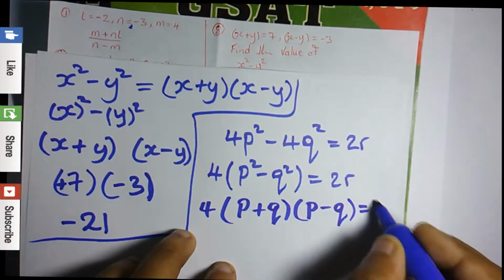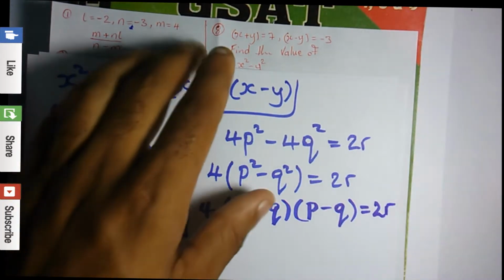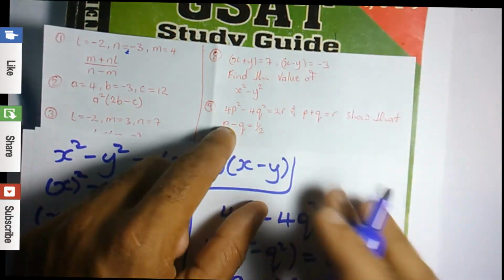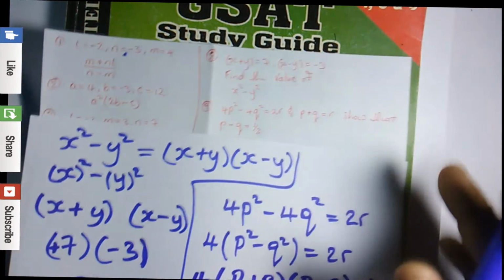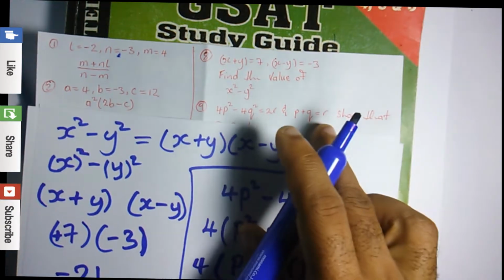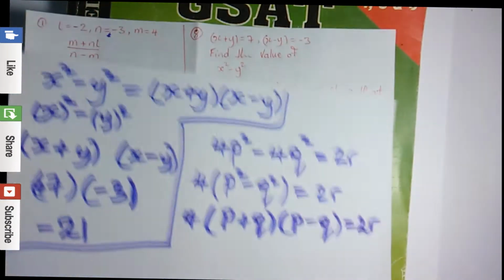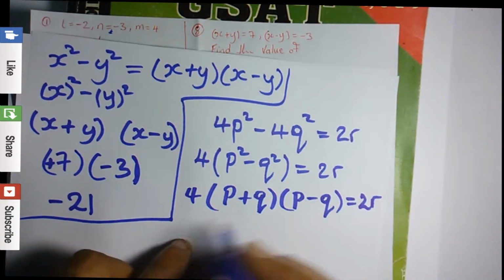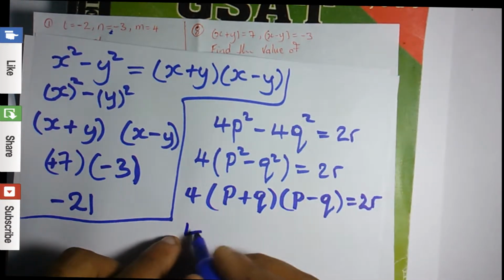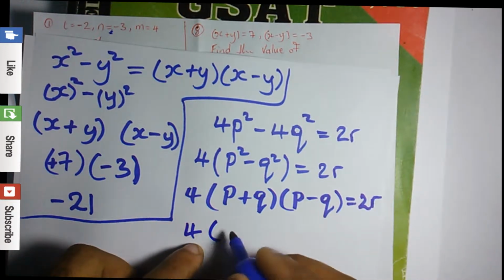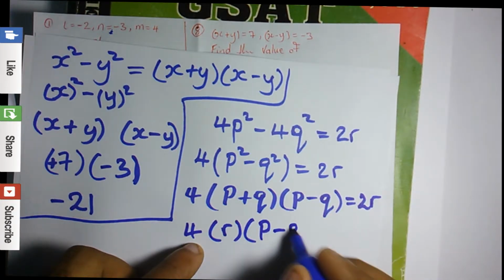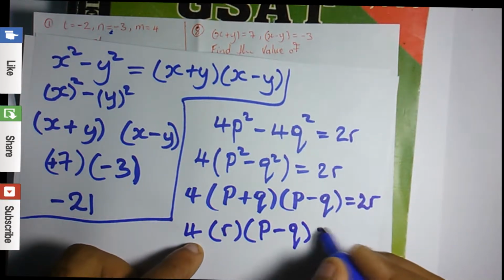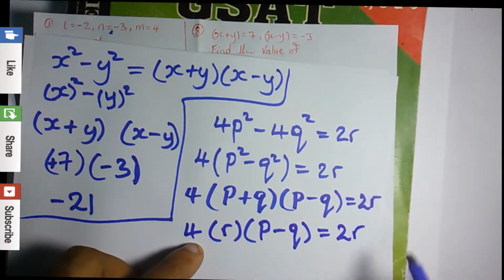equals 2r. Now, what did they give us? They said that p plus q is equal to r. So wherever I say p plus q, I'm going to replace it with r. So where's p plus q? This is p plus q, so I'm going to replace it with r. So 4 times r times p minus q equals 2r.